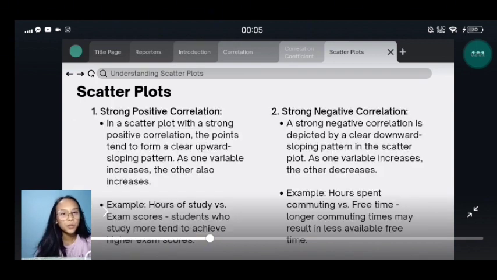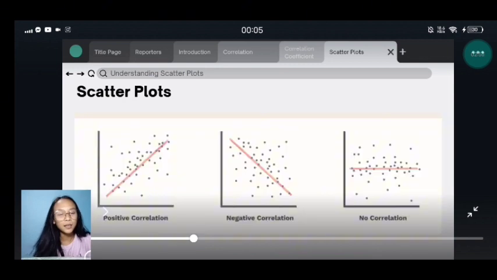So the next one, okay, preview. Scatter plots have key features. First is its data points. You will see the dots in the illustration, and those are called data points. Each data point on the scatter plot represents a specific observation or set of measurement.